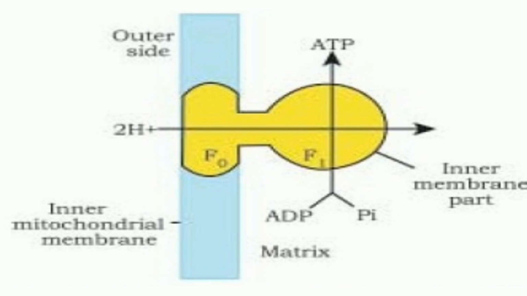How does it occur? Whenever the reduced NAD released from the Krebs cycle enters the electron transport chain, three pairs of H plus ions, that is protons, move across the inner mitochondrial membrane to the intermembrane space.